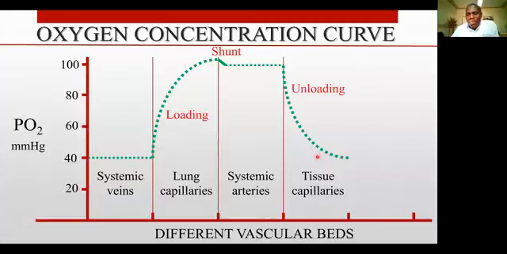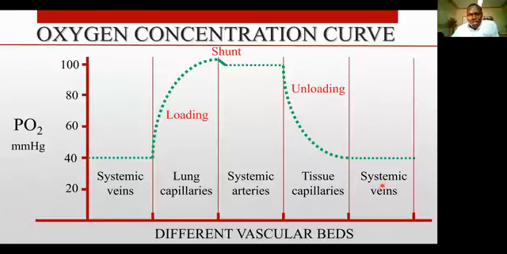So unloading of oxygen occurs in the tissues, loading of oxygen occurs in the lungs. From the tissues, the concentration of oxygen moves to around 40 millimeters of mercury. And that is what we have in the systemic veins. We started from the systemic veins and we've ended at the systemic veins. So that is the oxygen concentration curve.